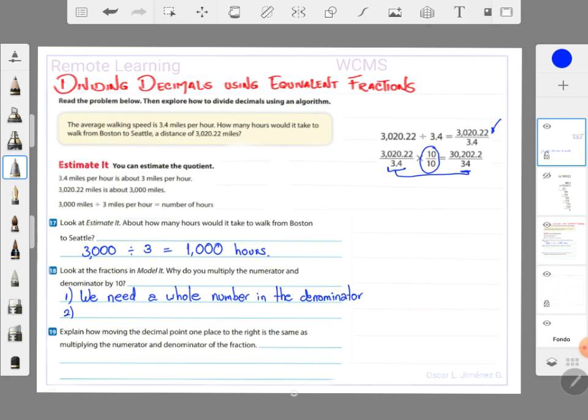Why 10? So the situation is this: when you multiply any decimal number by 10, look what is going to happen. If you multiply 0 times 4 and 0 times 3, you will have 0. Now 1 times 4, it will be 4. 1 times 3, it will be 3.